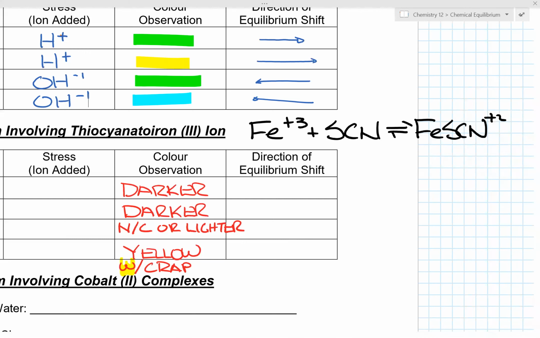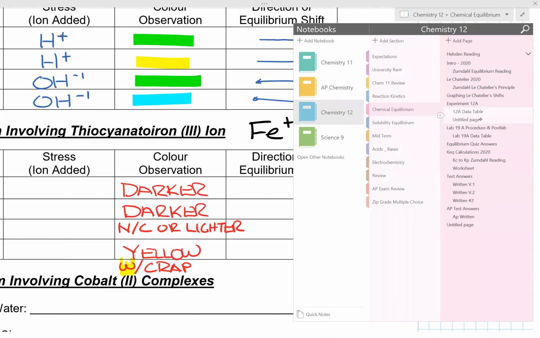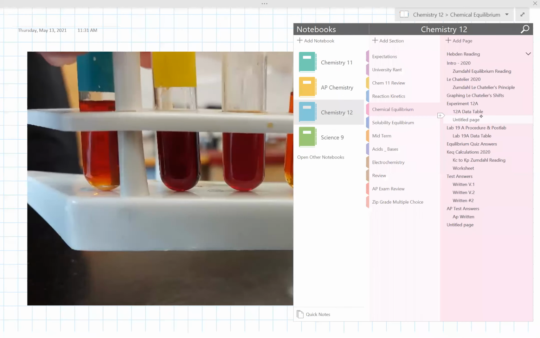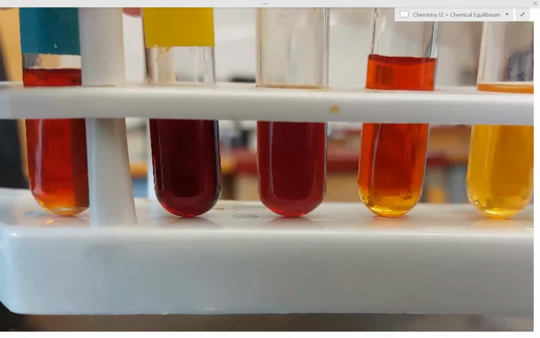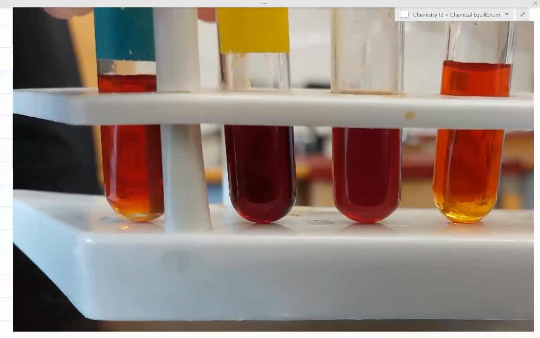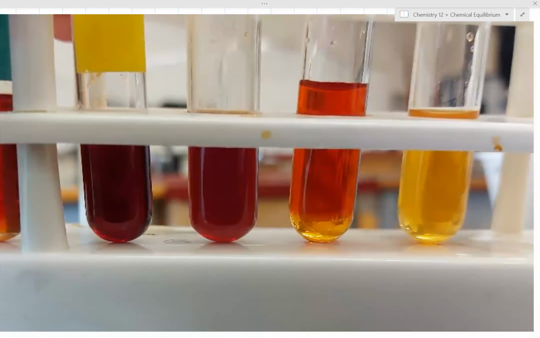Well, I took a picture of one of your results. When you did your lab, this was the original. Your second, third, you would have noticed was a lot darker. That's test tube B, test tube C. Test tube D, notice it's almost exactly the same color.